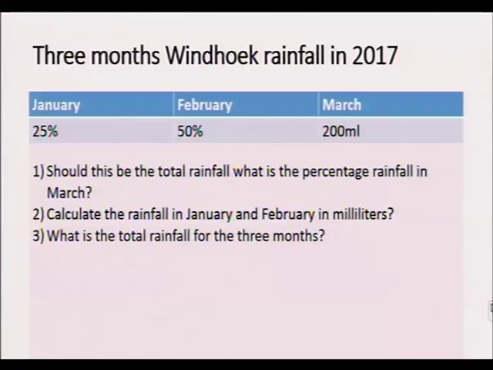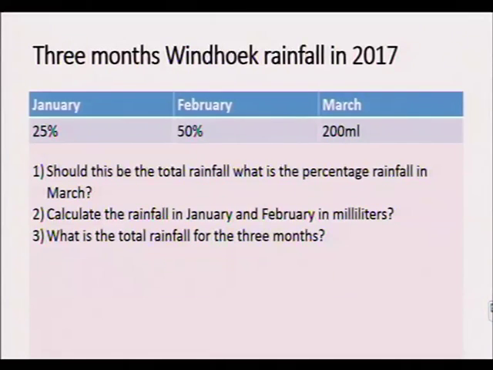This is a 3-month rainfall for Windhoek in 2017. In other words, January, February, March. We want to know how much rain we recorded in Windhoek. Here they give you January, they say it was only 25%. February was 50%. But in March it was only 200 milliliters.